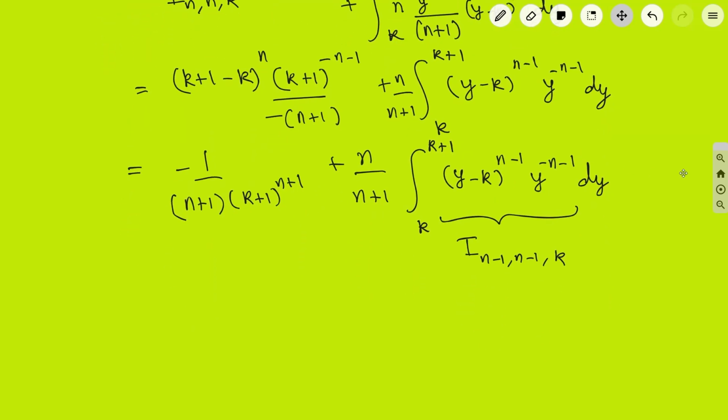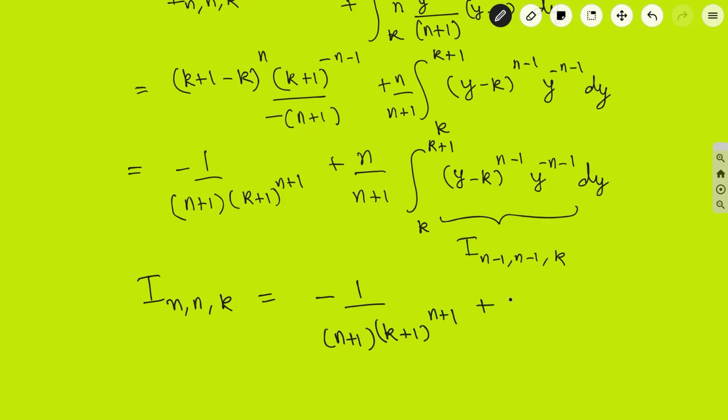So we can write this in a recursive formula. What's the recursive formula here? I(n, k) is equal to minus 1 by n plus 1, (k plus 1) to the power n plus 1, plus n divided by n plus 1 times I(n minus 1, k).